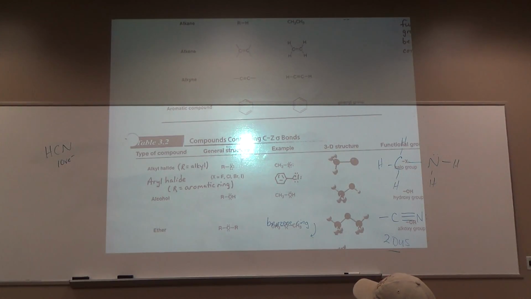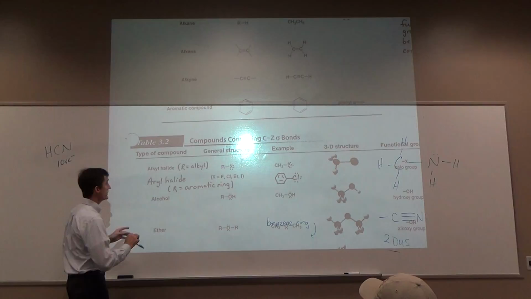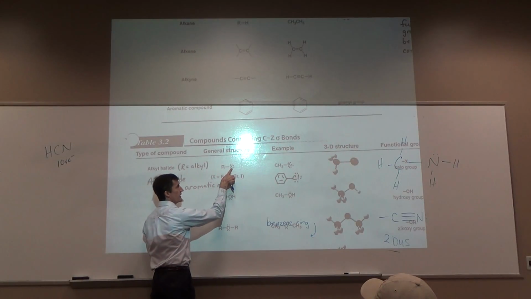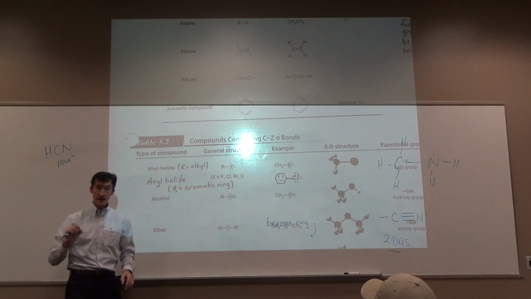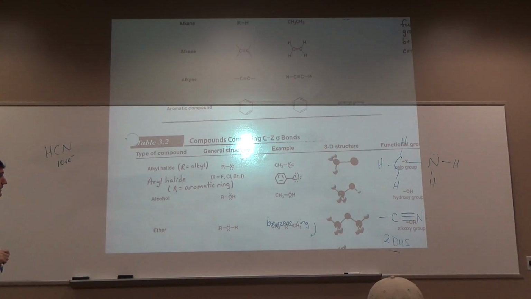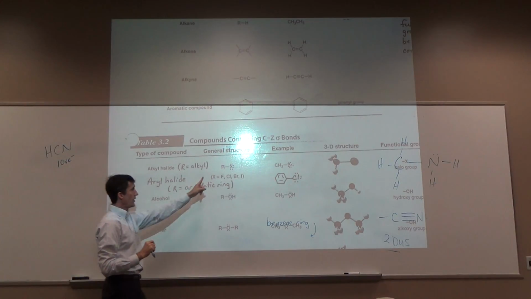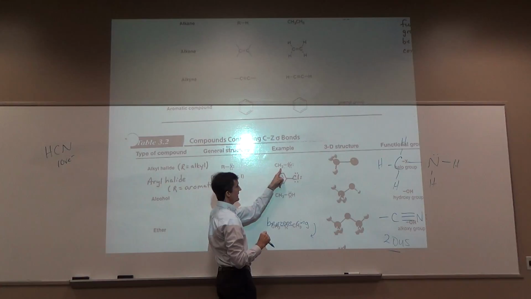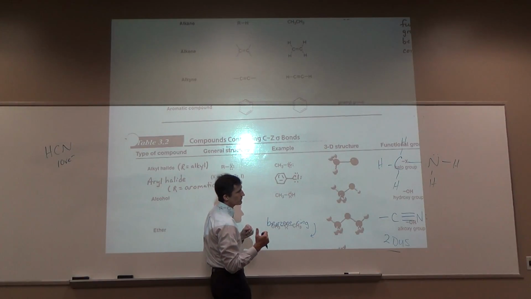There's an Ru and Rh with no R. So R was chosen as a generic descriptor for carbon groups. This is a carbon group bonded to a halogen. X is typical for halogen. Okay? So RX. A specific example would be methyl bromide or bromomethane.